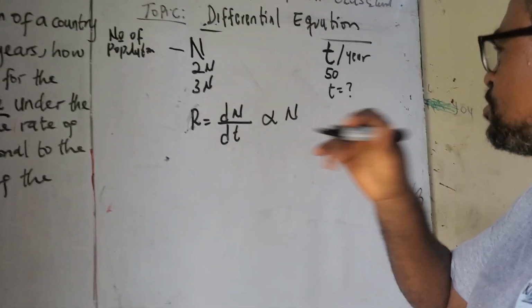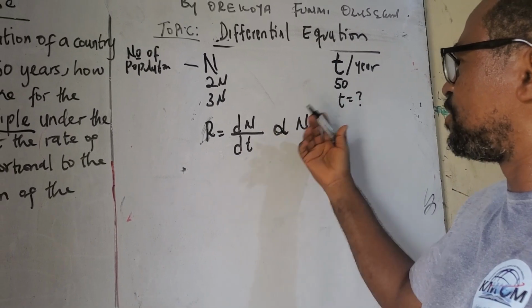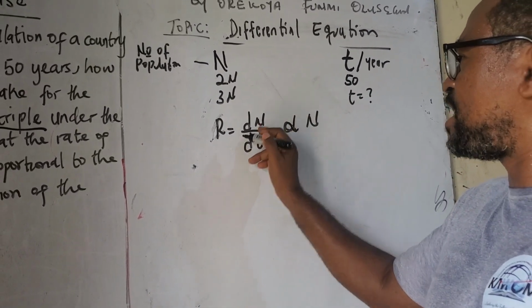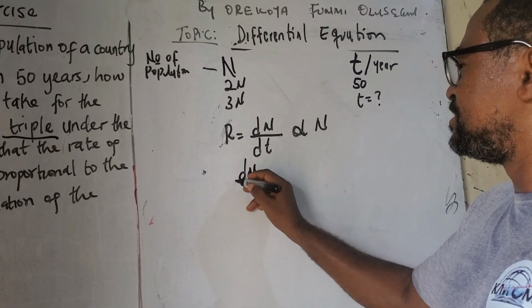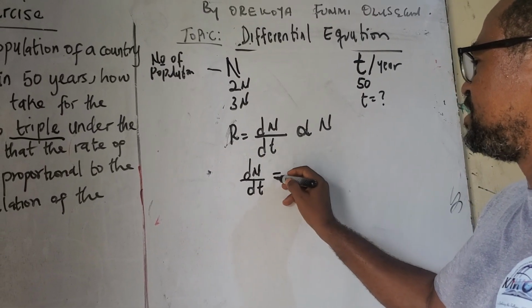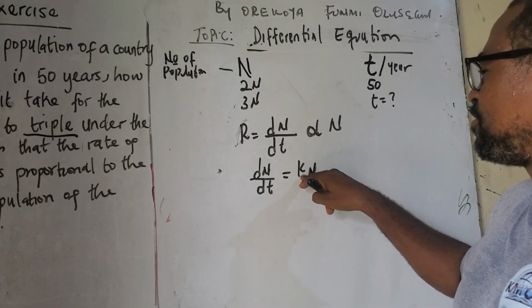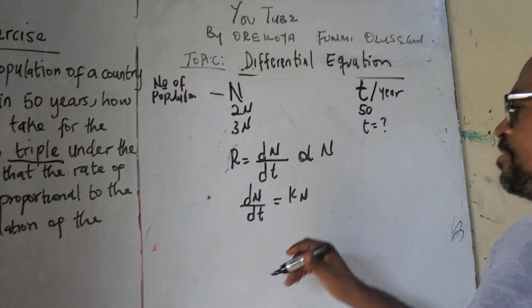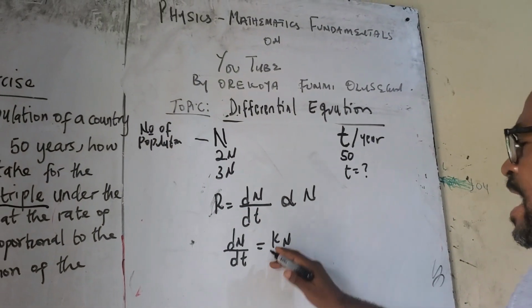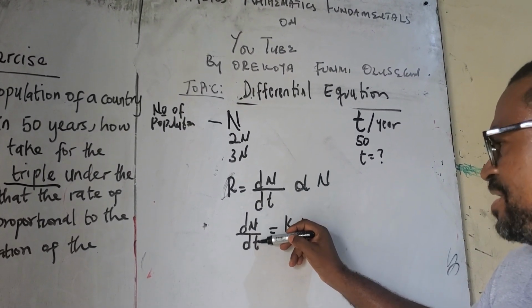Now, in order to solve this problem, we can remove this sign of proportionality by putting a constant k. So this particular rate, which is dn/dt, can now be written as kn. So this proportionality constant has removed the proportionality symbol. Now, what we have here is a dependent variable with respect to an independent variable.